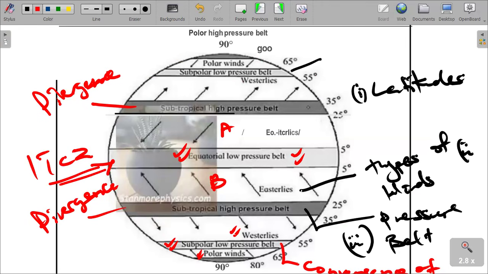They are associated with subtropical high pressure cells. Sinking air masses are associated with subtropical high pressure cells. We are saying they are associated with sinking or subsiding air masses.